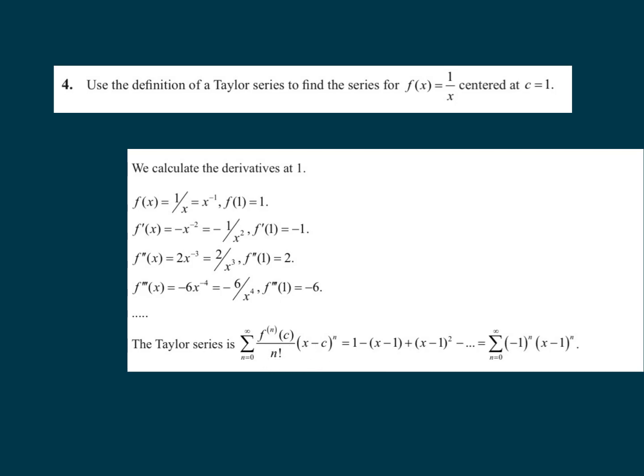Evaluating the function at the point x equal 1, the derivative of the function at x equal 1, the second derivative of the function at x equal 1, you will obtain 1, minus 1, 2, and minus 6 factorial divided by 3 factorial.